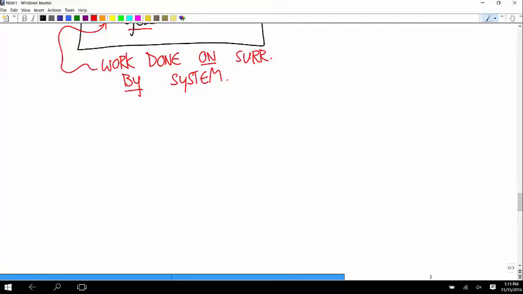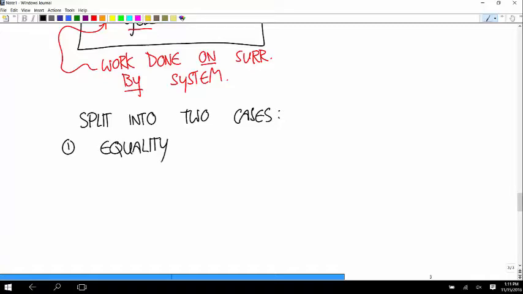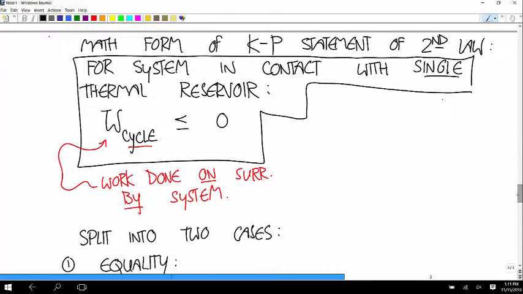And we can think of splitting this up into 2 different cases. The equality, and the inequality. So, we're saying that for a cycle with a single thermal reservoir, the work done by the system is equal to zero. That's the equality.